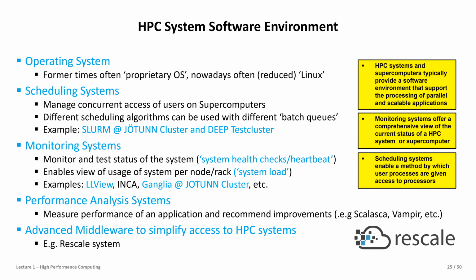Then, the more HPC becomes stable, the more it becomes mainstream, you could say. More and more people actually use HPC these days than 10 or 20 years ago, and the more we see the uptake of advanced middleware that simplifies the access to HPC. There's something called Rescale, a system which has lots of applications already ready to run and possible to deploy on HPC systems.